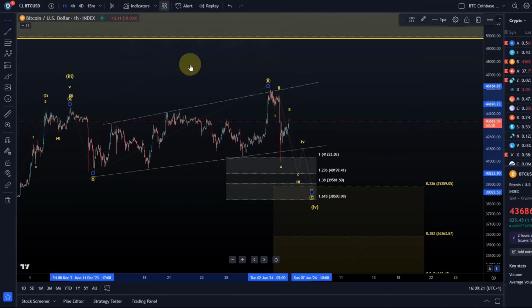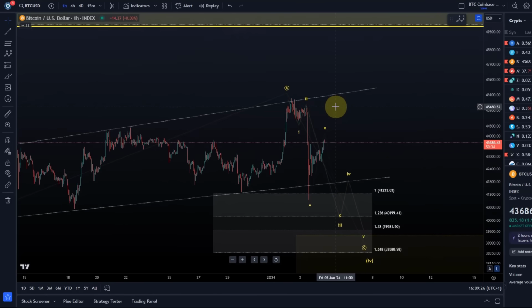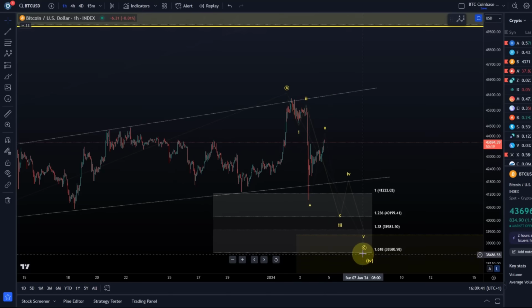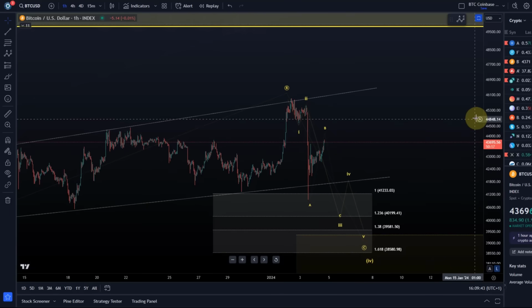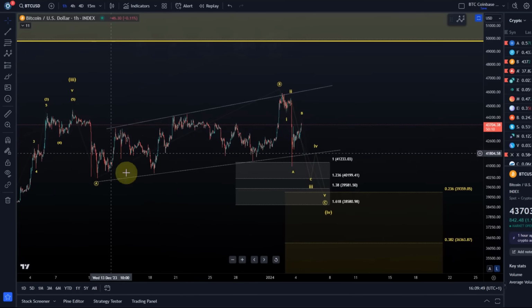But if we get a break, and this is what we need to see for breakout confirmation, if the price breaks above this wave 2 high, which is at $45,530, $45,540, that would suggest that all of wave 4 already bottomed. Currently, that's not what I can forecast as a primary scenario, because it would only be possible in a WXY pattern.